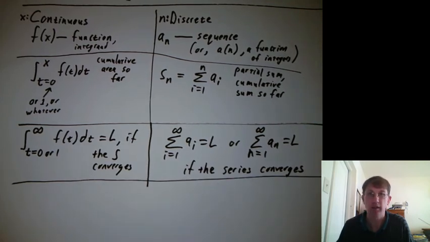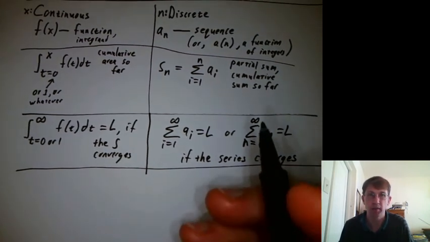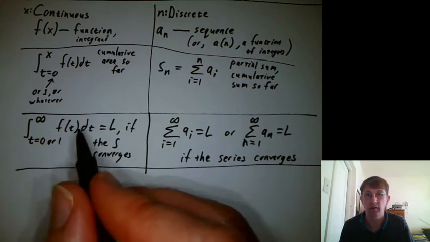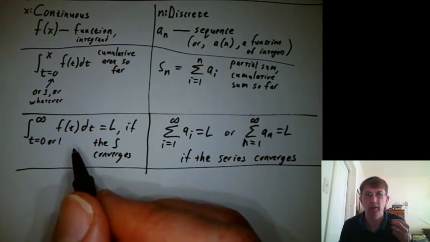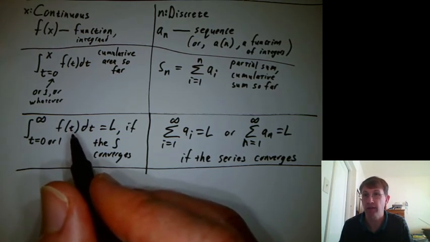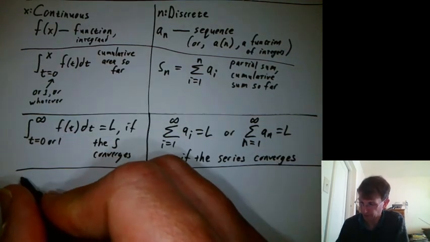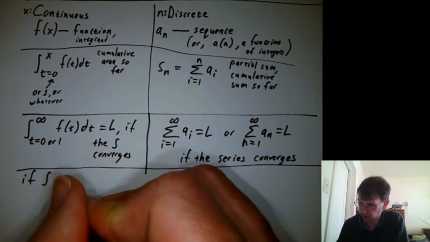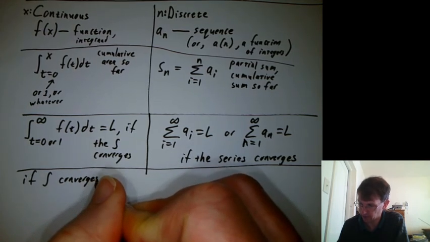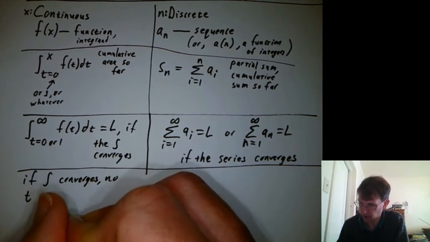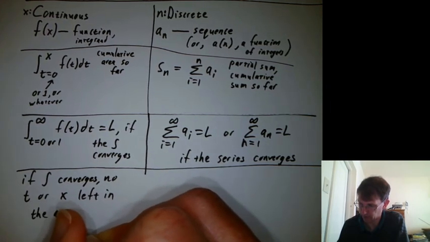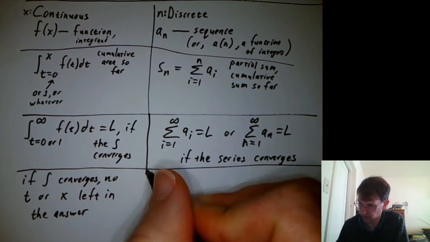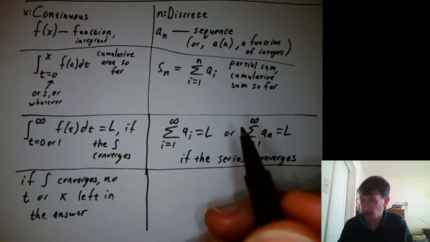And an important thing to note, this is a mistake that people often make. If this integral converges, let's say the integral converges to like 29 or negative 500 million or something, there's no t or x left in the answer. It's just a single number. So if the integral converges, there's no t or x left in the answer. It should just be a single number.